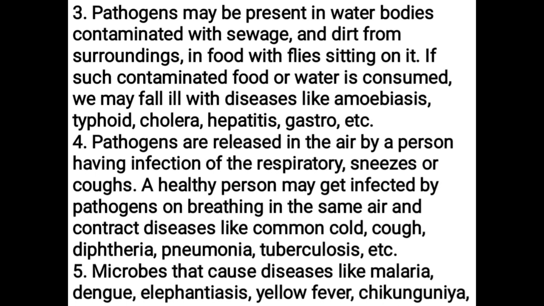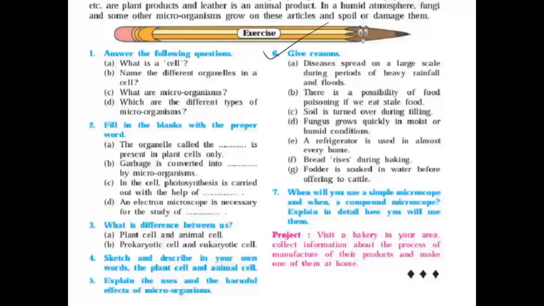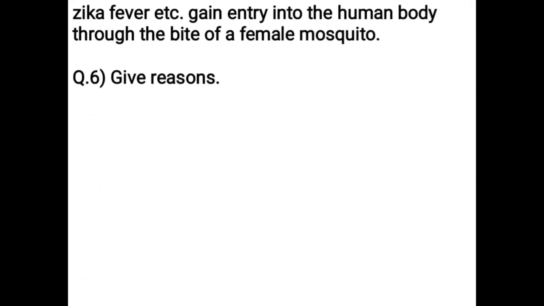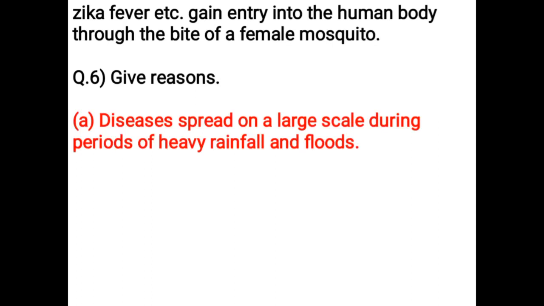Microbes that cause diseases like malaria, dengue, elephantiasis, yellow fever, chikungunya, Zika fever, etc. gain entry into the human body through the bite of a female mosquito. Give reasons. Diseases spread on a large scale during periods of heavy rainfall and floods.